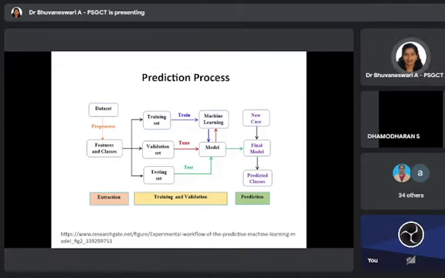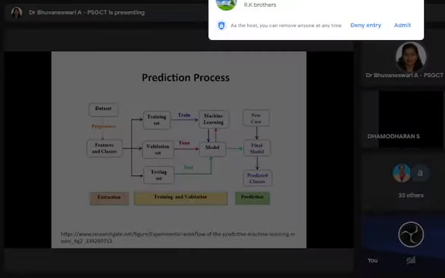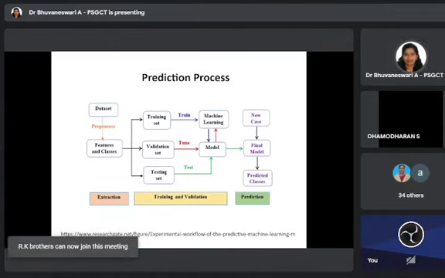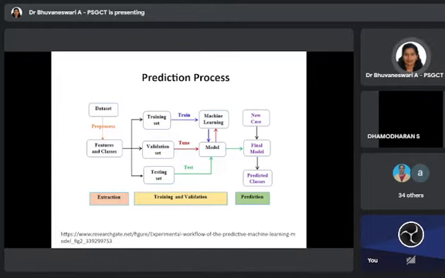Once the model is trained, it can be validated. Validation is like tuning, fixing the errors if any and correcting them, making it look 100% perfect. Once the model is ready, then comes the testing.